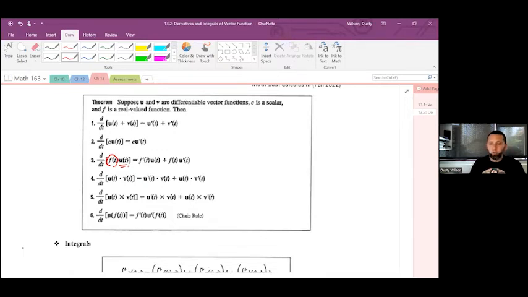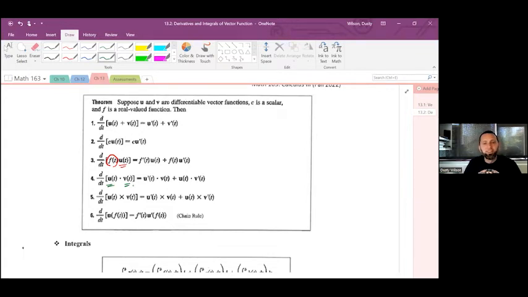So product rule works the way you'd expect it to in this case. 4, d dt of u of t dot v of t is u prime of t dot v of t plus u of t dot v prime of t. Notice here, u is a vector valued function, v is a vector valued function, and what you get out the back end is exactly what you'd expect from the product rule. So once again, the product rule works the way you'd expect it to with the dot product.